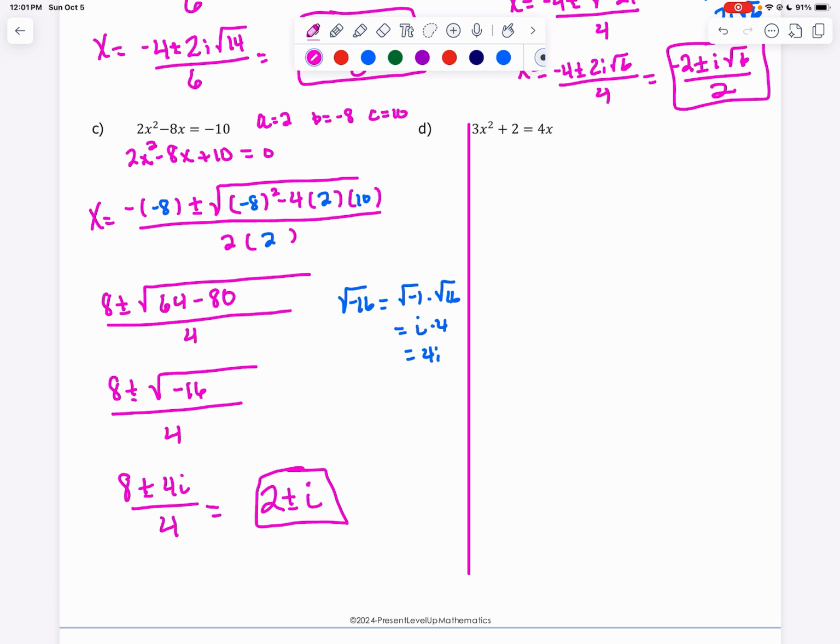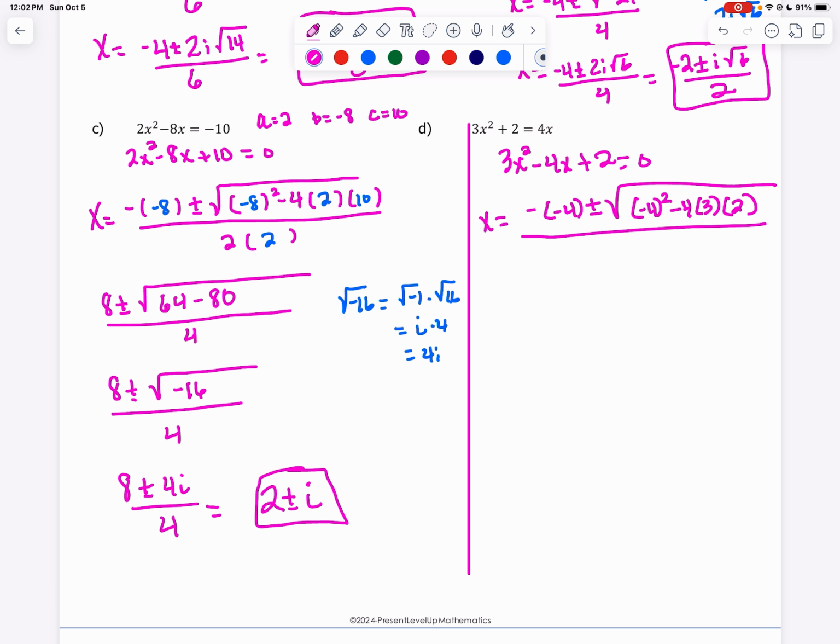All right, let's see how you did. On problem D, hopefully you moved the 4x over and made it negative. And then you said opposite of negative 4 plus or minus negative 4 squared minus 4 times 3 times 2 all over 2 times 3.